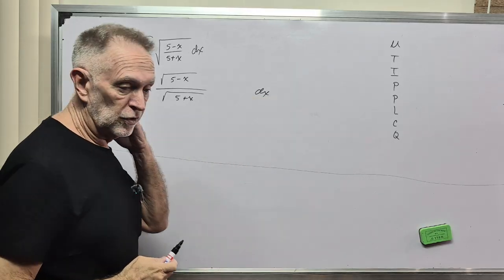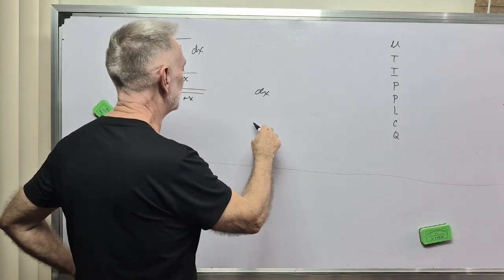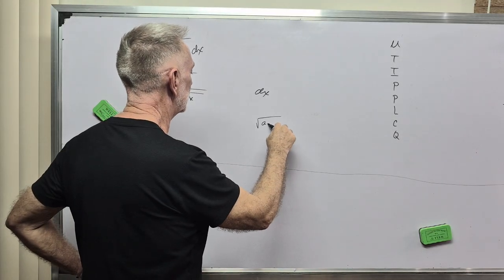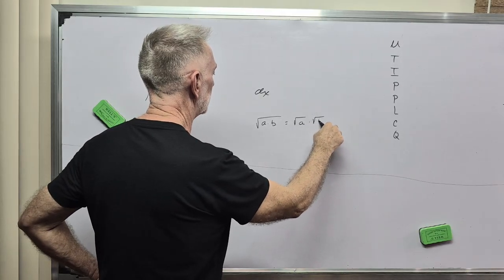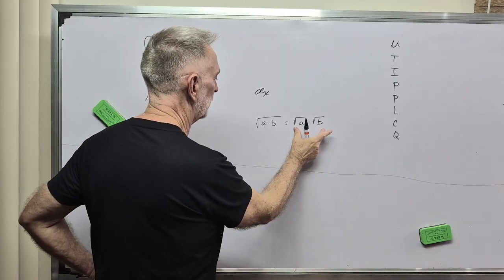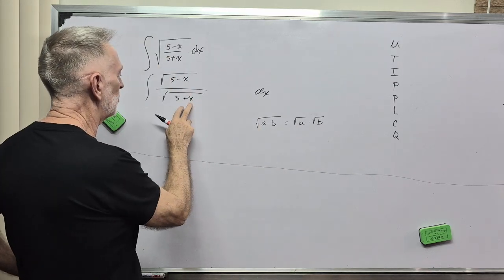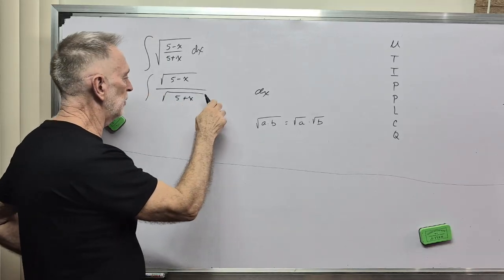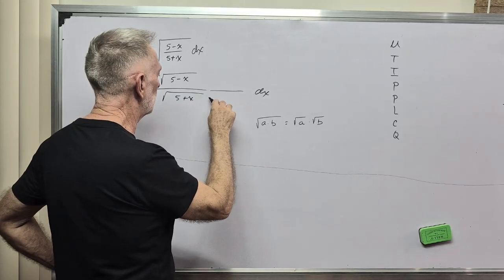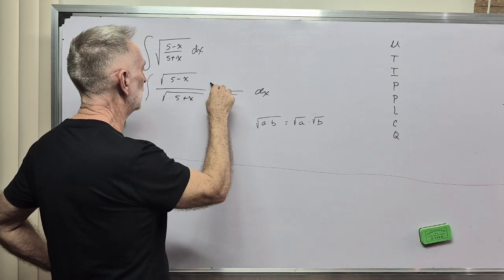Now we're also going to use the rule that the square root of a times b is the square root of a times the square root of b. I'm going to multiply by the conjugate of the denominator, the square root of 5 minus x.